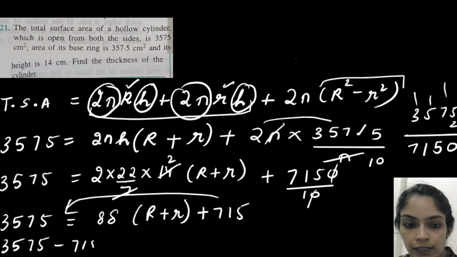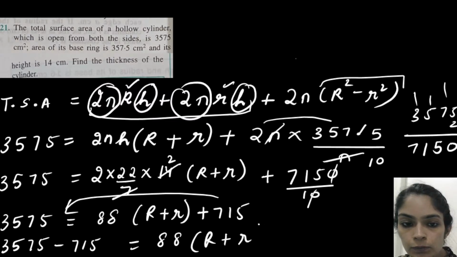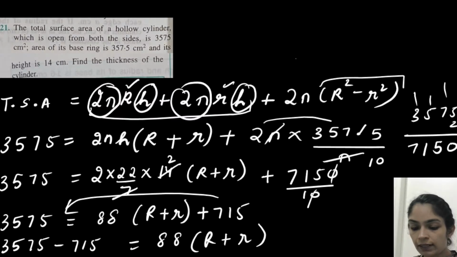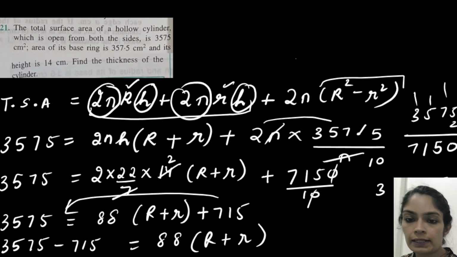So 3575 minus 715 is equal to 88 into capital R plus small r. Okay, just do the subtraction and tell me. 3575 minus 715.